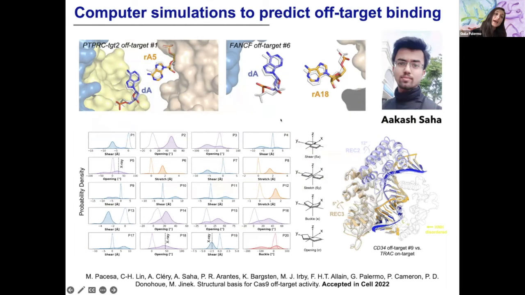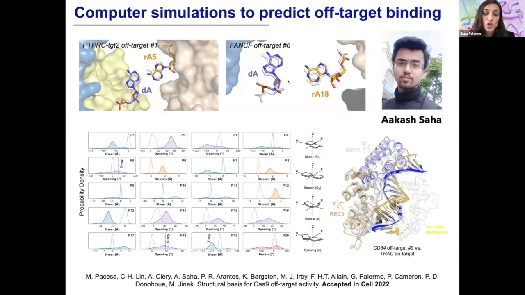So first of all, we tested our method at positions where the crystal structures were available. For example, you can see in this case, and in this case, we can find a conformation of the adenine-adenine mismatch that is similar to what Martin observed.